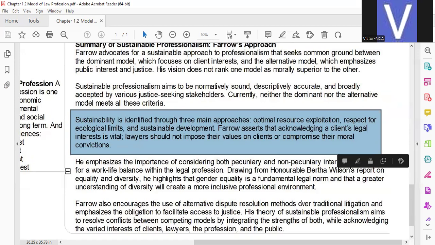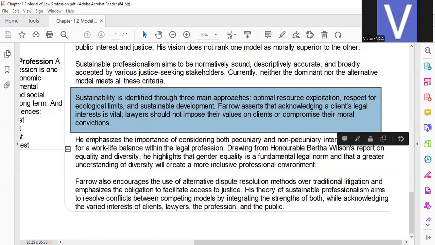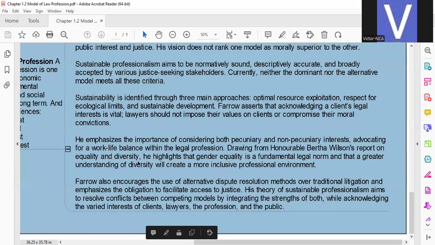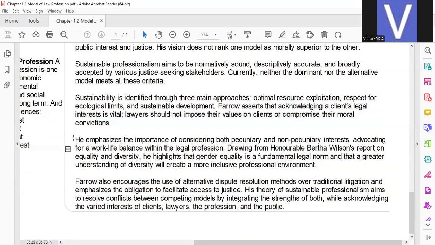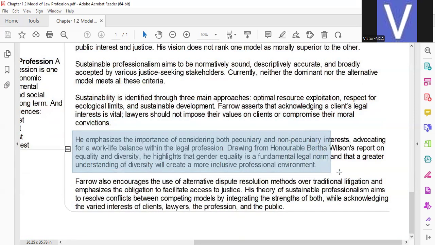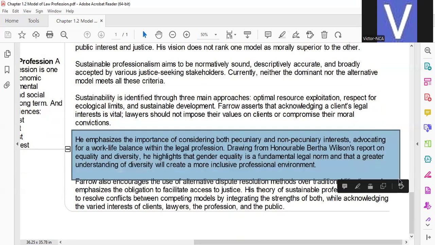Farrow asserts that acknowledging a client's legal interest is vital, and lawyers should not impose their values on clients or compromise their moral convictions. Whereas he also emphasizes the importance of considering both pecuniary and non-pecuniary interest. This is done by advocating for a work-life balance within legal professionalism.